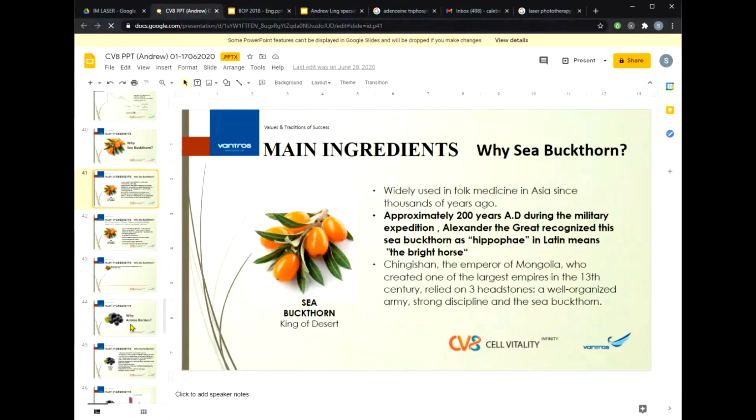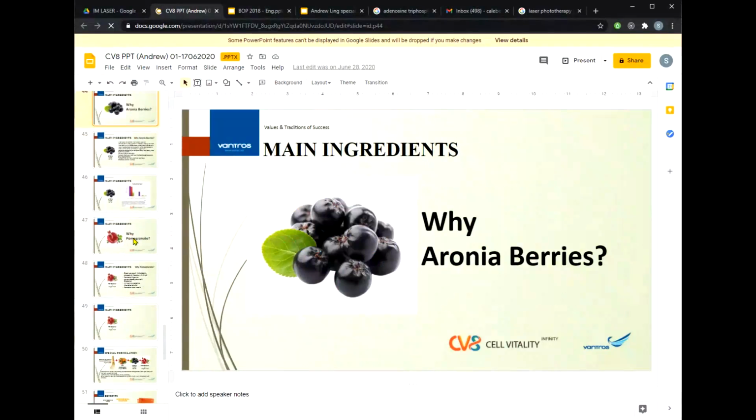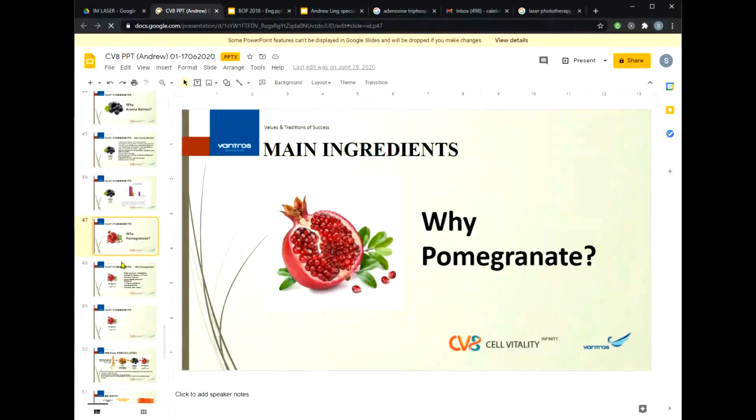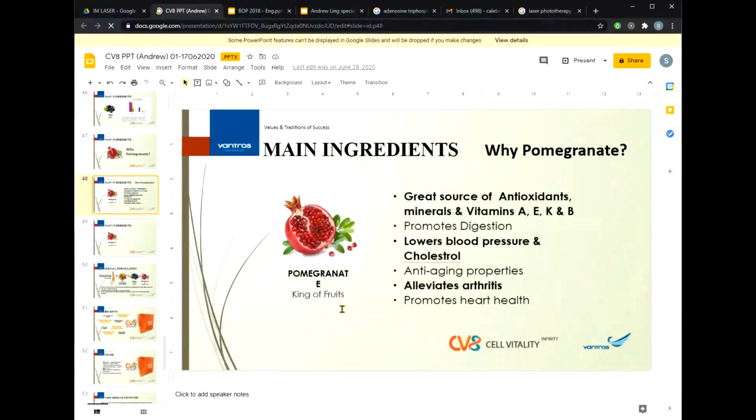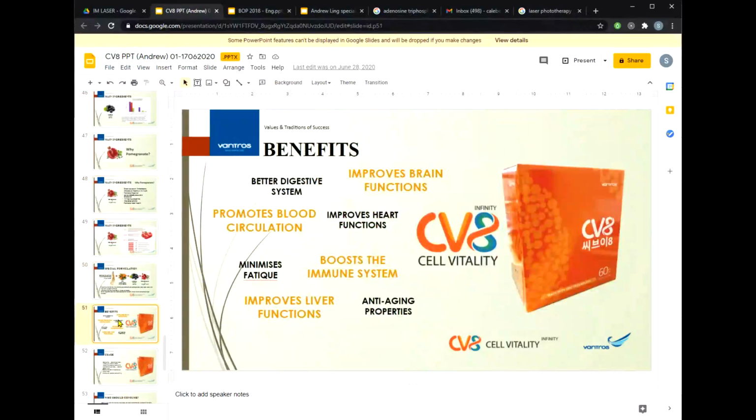Then aronia berries, and the fourth ingredient, sorry, the pomegranate. So all these four are formulated together and become the CV8. Steve, if you don't really understand, you can call me after the meeting.